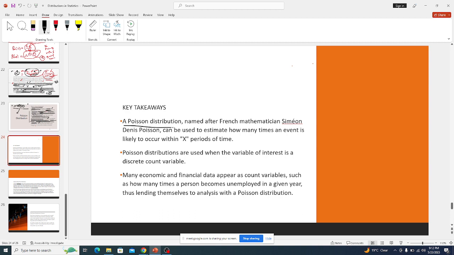A Poisson distribution is named after a French mathematician, and we've said it is used to estimate, kindly note this, how many times an event is likely to happen within a specified time period.